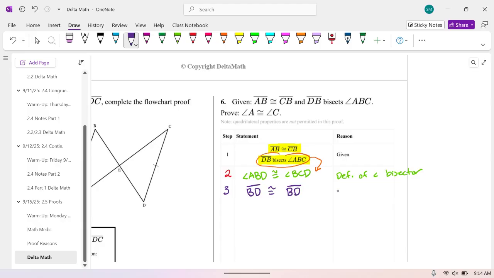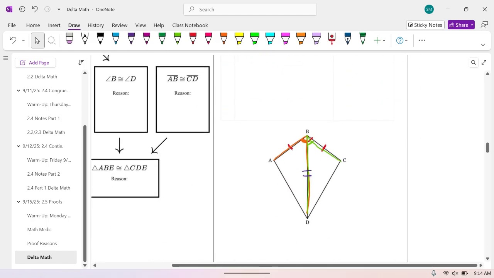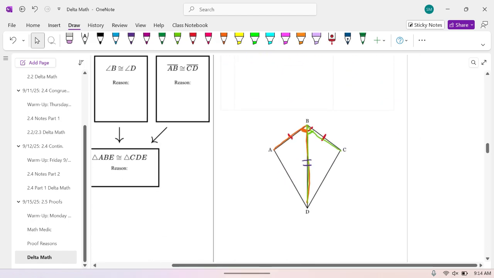The reflexive property. So that was just one that we had to draw on our own. It wasn't necessarily given, but given the picture, there's enough information that we could draw from that. We know that since they shared a side, we can assume it's reflexive property.